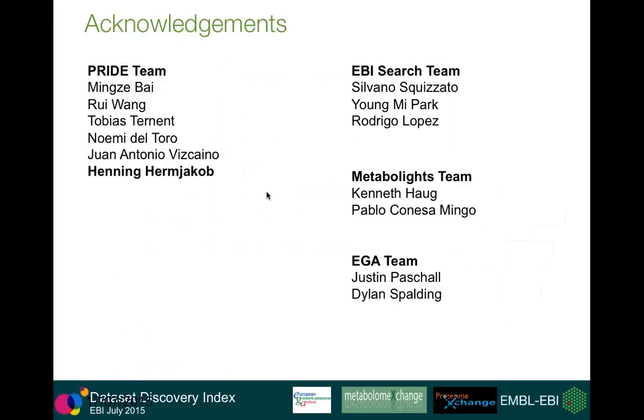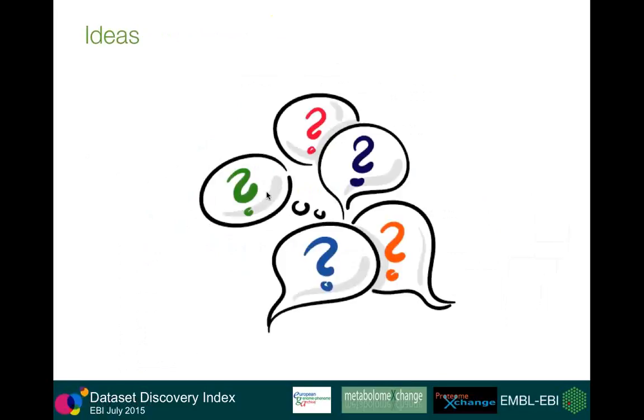And I need to say, this is not only our work. It is also the work of the PRIDE team. The EBI search team has been very useful for us because all of the backend infrastructure is based on the EBI search infrastructure, and the metabolites team and the EGA team. Thank you.